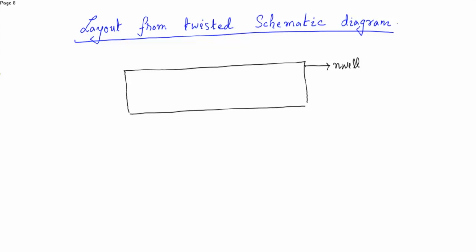And then we have the P diffusion layer. The N-well is black in color and the P diffusion layer is brown in color.